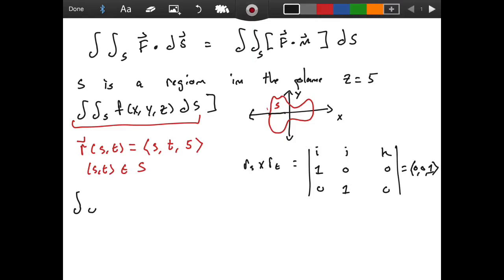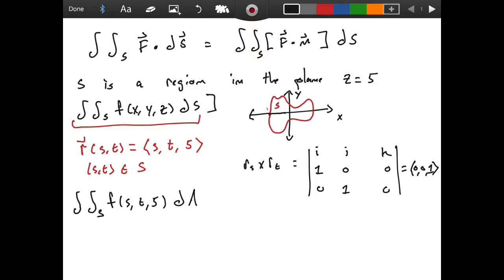Then the surface integral is going to be the integral over S of F evaluated in the parameterization, so F(s, t, 5), times the magnitude of r_s cross r_t, which is just 1, dA.